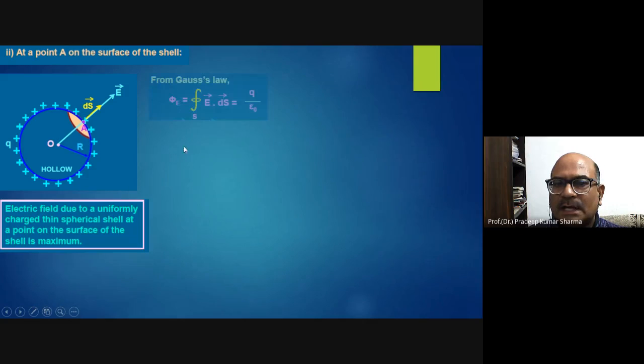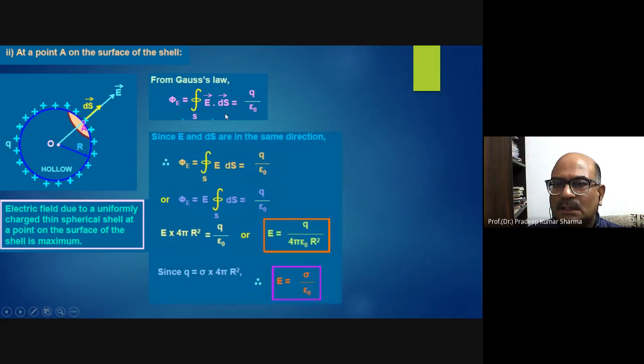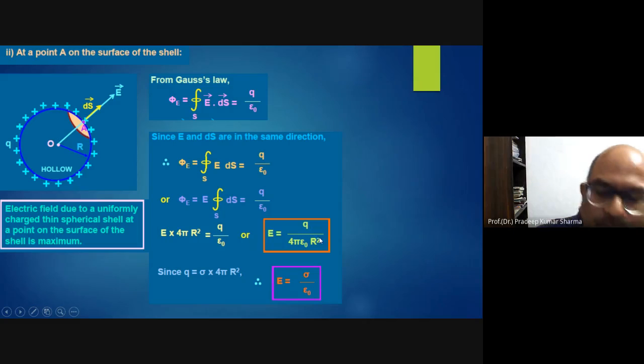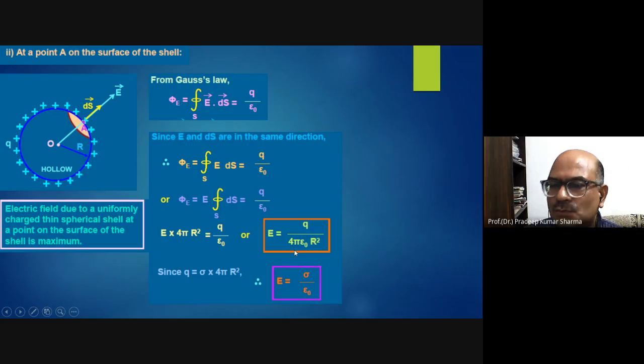So from Gauss law, the integral of E dot ds is Q by epsilon naught, and over here the integral of ds is 4 pi capital R square. So it is the same value as when the total charge is considered at point O. And in terms of sigma, we can write E is equal to sigma by epsilon naught.